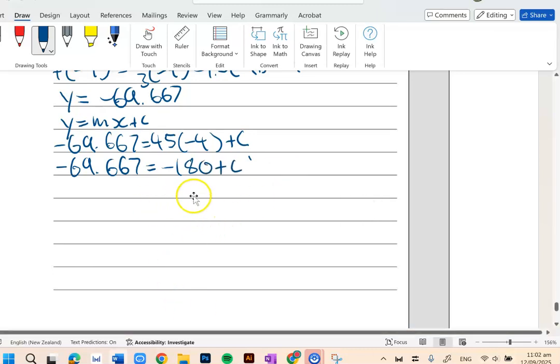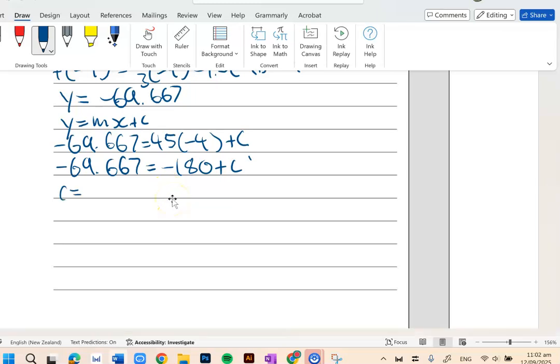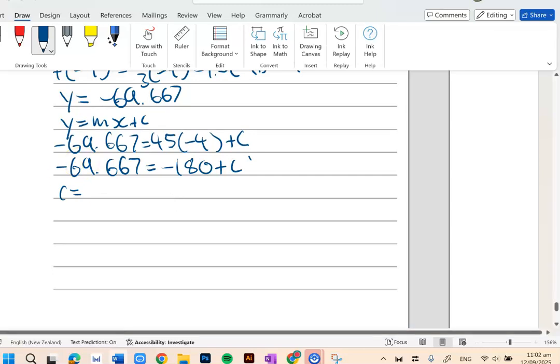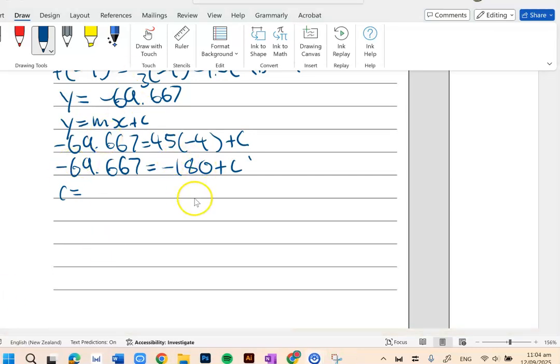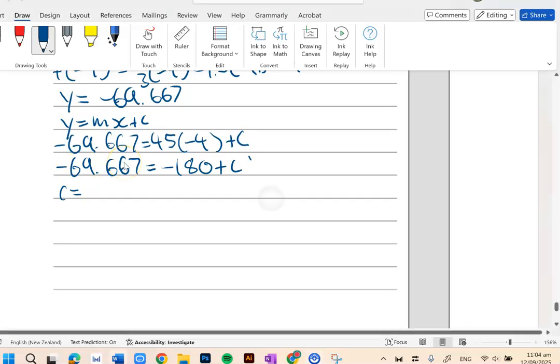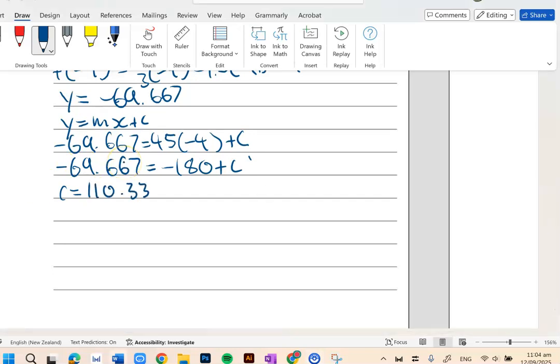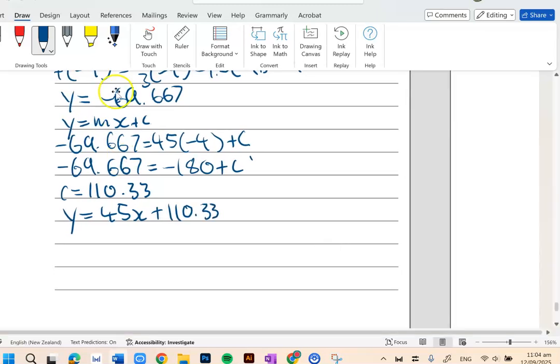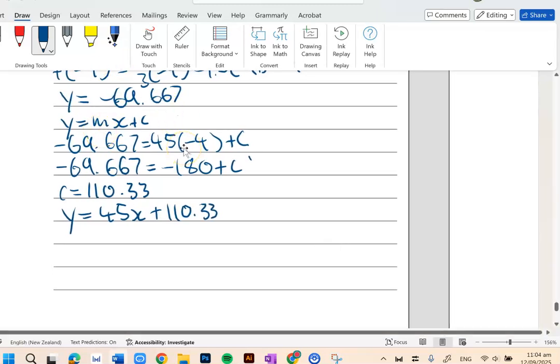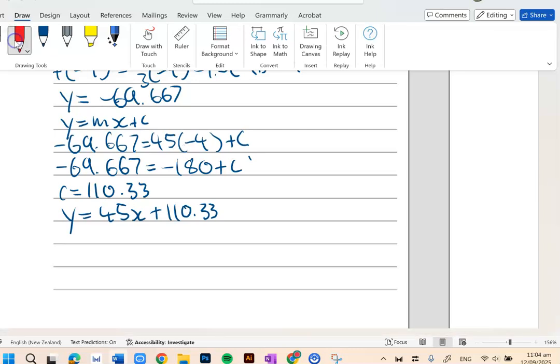So we're just going to move this 180 to the other side. So this -180 is going to become +180. So our c is just going to be 110.33. So our tangent equation is y equals 45x plus 110.33.